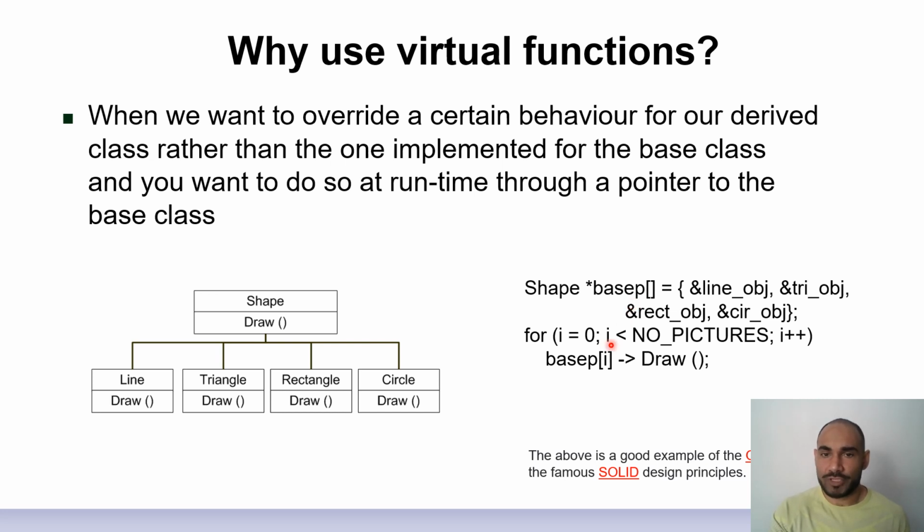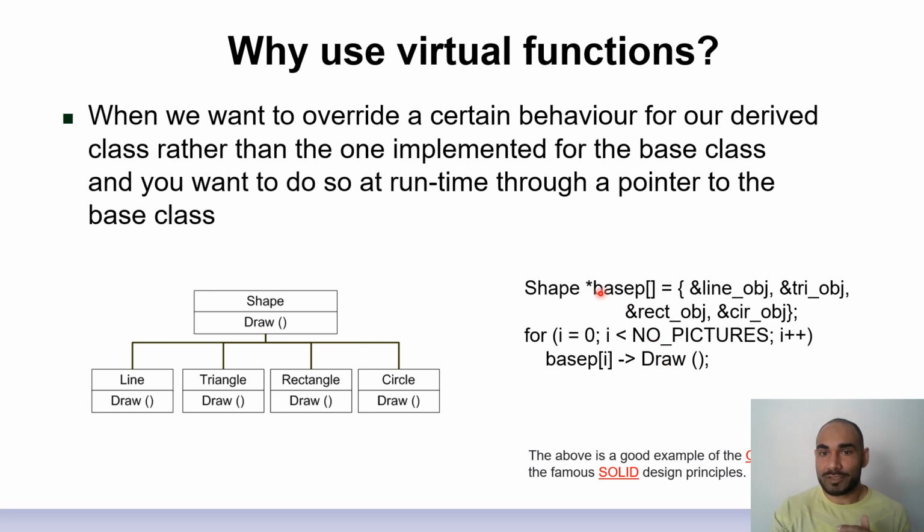Next, what we do, we set up a for loop. Okay, imagine we want to draw 4 pictures, 1 2 3 4. So this loop will run 4 times, and then on this array of objects, we call the draw method.